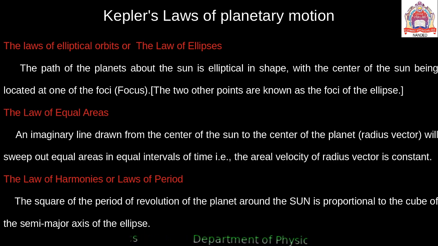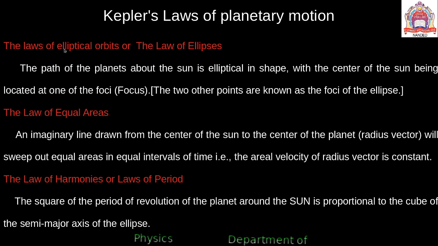Kepler gave three laws of planetary motion, described as follows. The first, the law of elliptical orbits or the law of ellipses. Second, the law of equal areas. And third, the law of harmonics or the law of periods.